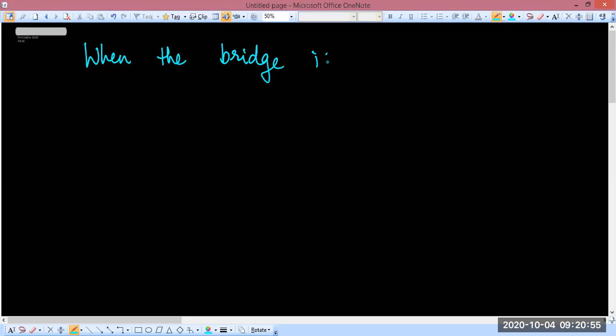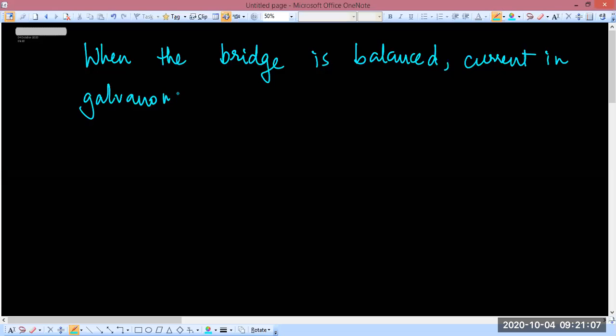So when the Wheatstone bridge is balanced, current in the galvanometer is 0.